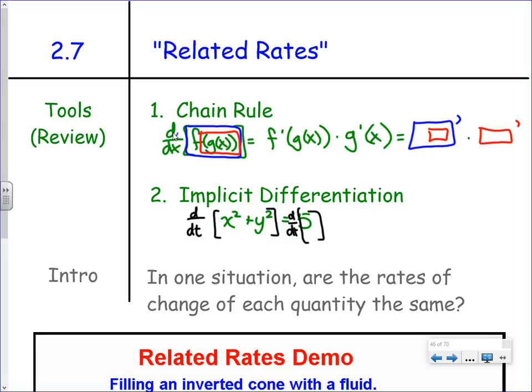What if I take the derivative with respect to t? Why on earth would t be important in real life? Time. If things are moving and changing, they're moving and changing based on time. Miles per hour, feet per second, meters per second, inches squared per minute.